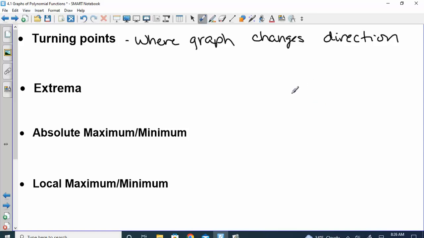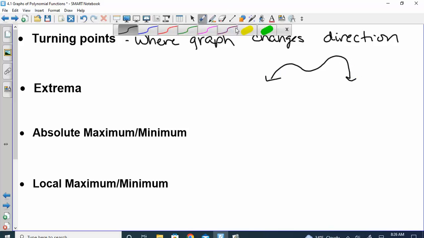For instance, if I drew this graph, how many turning points does it have? 1, 2, 3. It changes direction 4 times here, because it was going up and switched to down, going down and switches to up, to down. So it's 3. I can't count. 3.